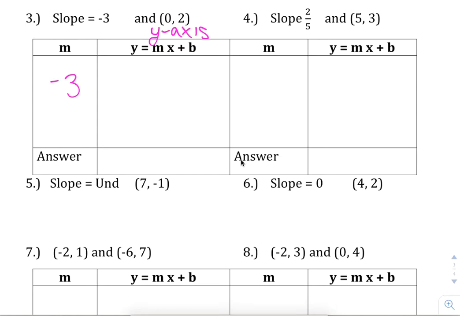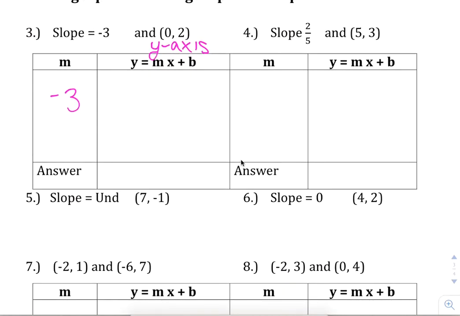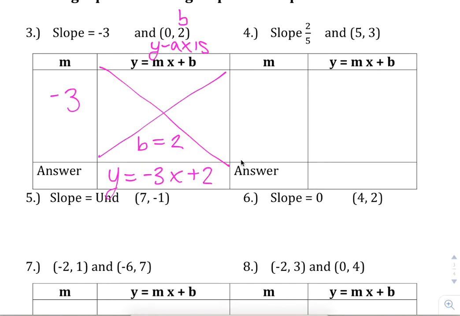If you recognize that, then it's okay for you to go ahead and say that number is my b. I don't have to do anything in this blank then, except tell you that b is 2. I can go straight into my equation. y equals -3x plus 2. If you were to do this whole problem out, you should get the exact same answer. It's just going to take a little longer.